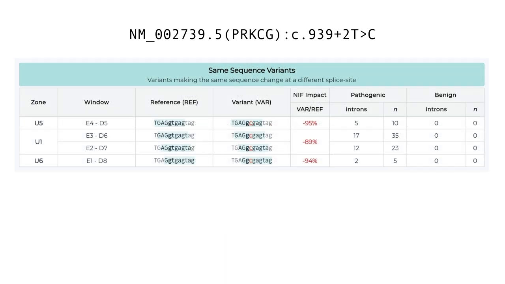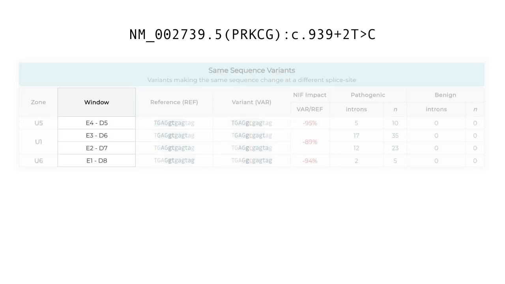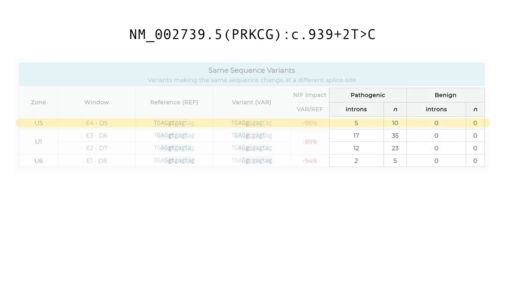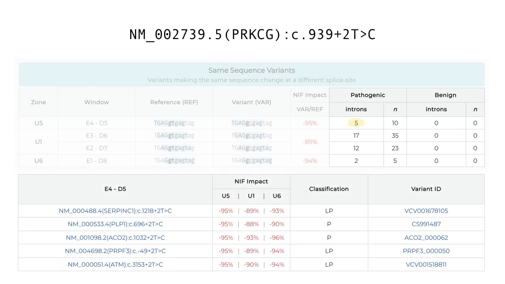This same sequence variants table shows the zone, the window, the reference and variant sequence, and the NIF impact from the NIF table. The right columns tell you that for the E4 to D5 window, this exact same plus 2 T to C substitution within this identical 9 nucleotide sequence has been classified as pathogenic in 5 different introns, supported by 10 submissions, and never classified as benign.